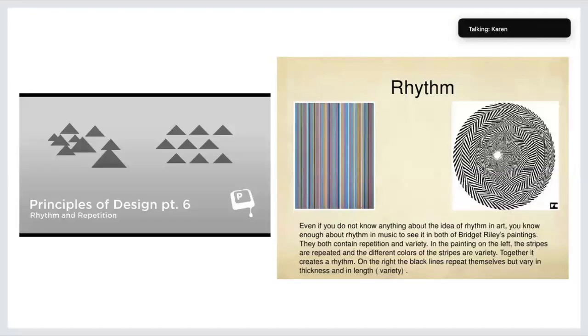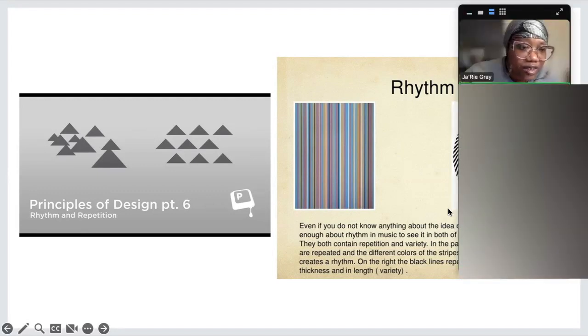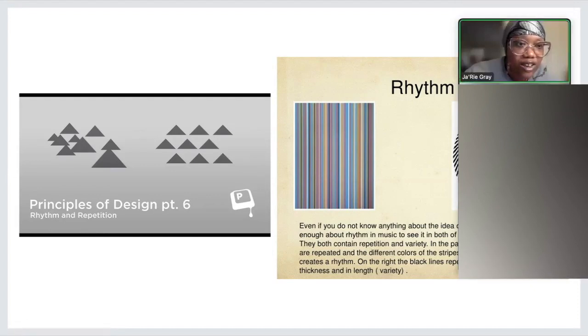My Together visual just went away all of a sudden. I don't know if anybody else's went away. Let me see. I can see. Did you lose your visual? The main shared visual went away, but I still have the thumbnails. You might have something in front of that screen. I know that sounds silly, but can you minimize or shrink down what you're looking at and see if it's hiding behind it? It does not come up as an option.